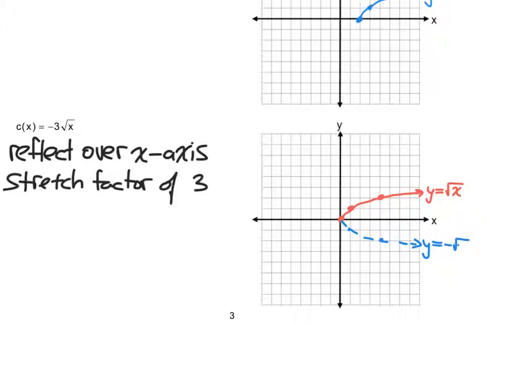I'll call that the negative square root of x. And then I'm just going to triple each point's distance away from the x-axis. Well, 0 is not going anywhere. But 1 unit below the x-axis goes to 3 units below the x-axis. 2 units goes to 6.